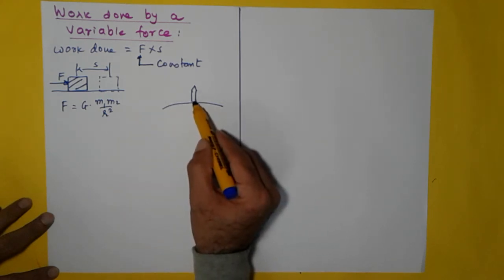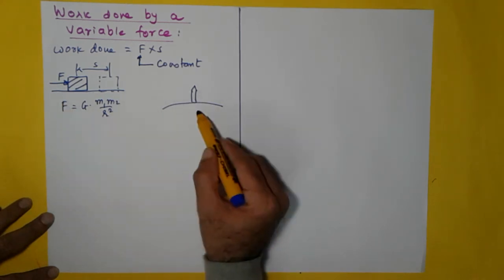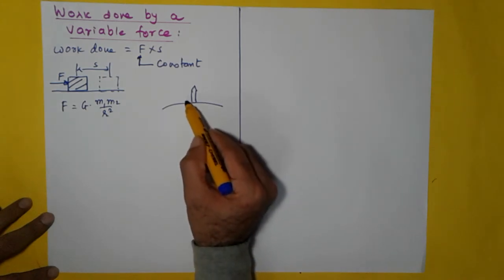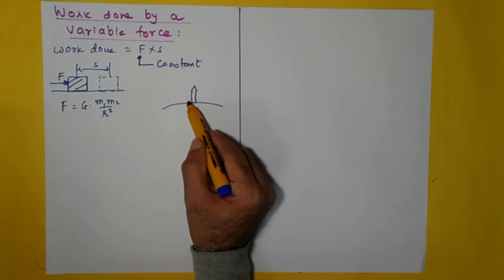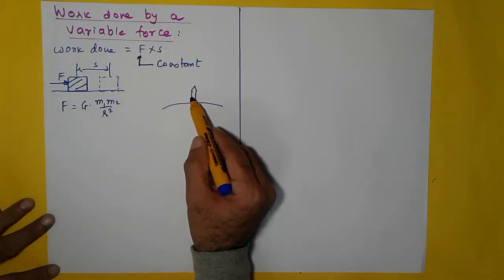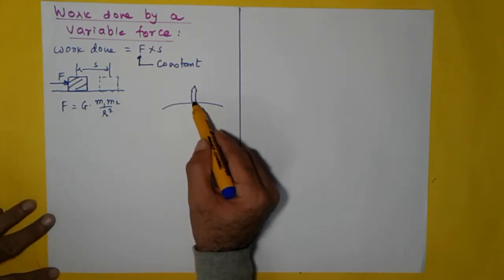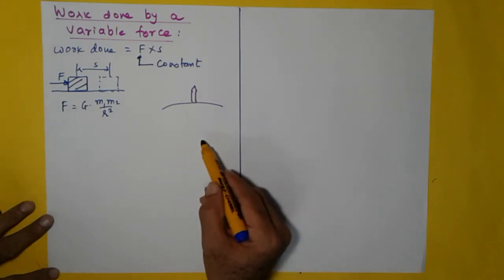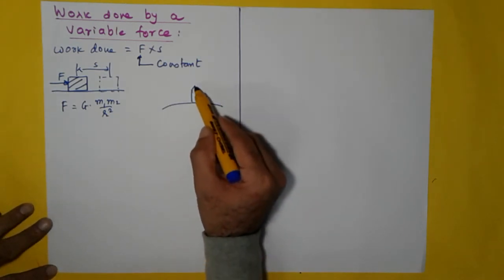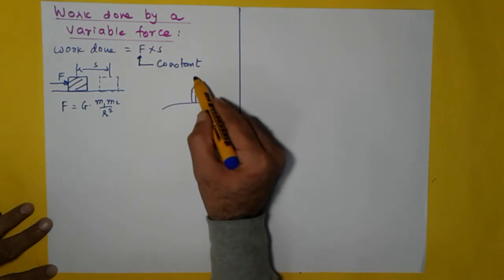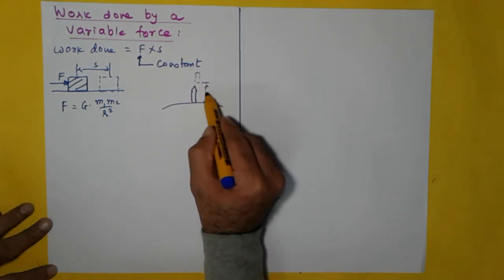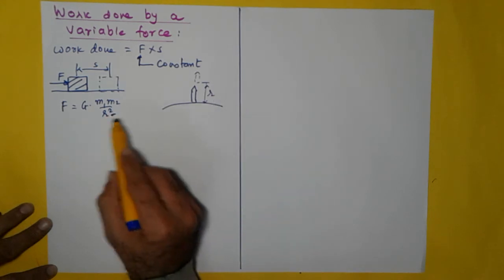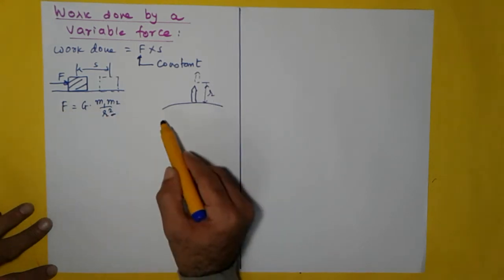Since the distance r is very small, the force is extremely high, and therefore a large amount of energy is to be given so that the force required to keep it moving away from the earth is sufficient to overcome this force of attraction. But as it keeps on going up, the distance r has increased, so this value increases and therefore F decreases.